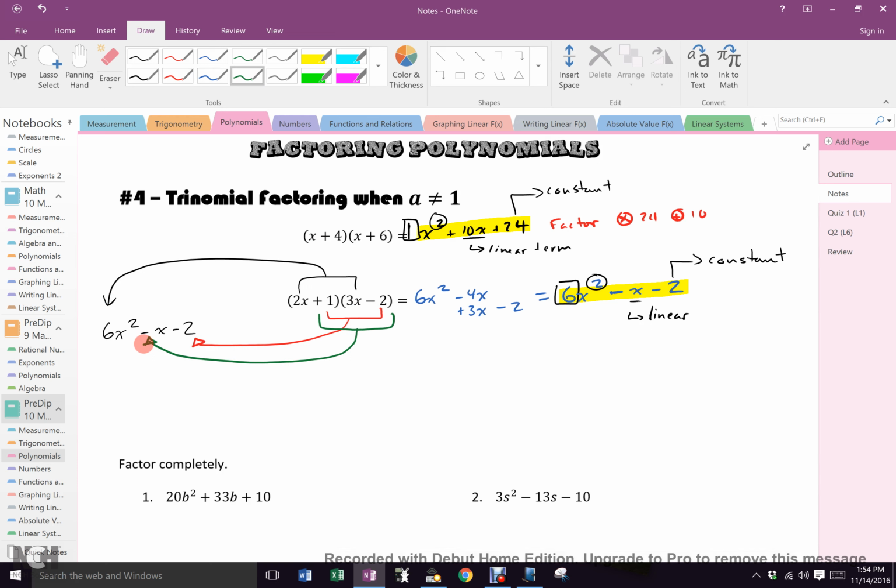Now, we have already seen this construction, haven't we? Right here. Multiply to 24, add to 10, yes? And here you see it again. Multiply to the last number and add to the middle number. So doesn't it stand to reason that we would use that again when we are factoring something that looks slightly different?